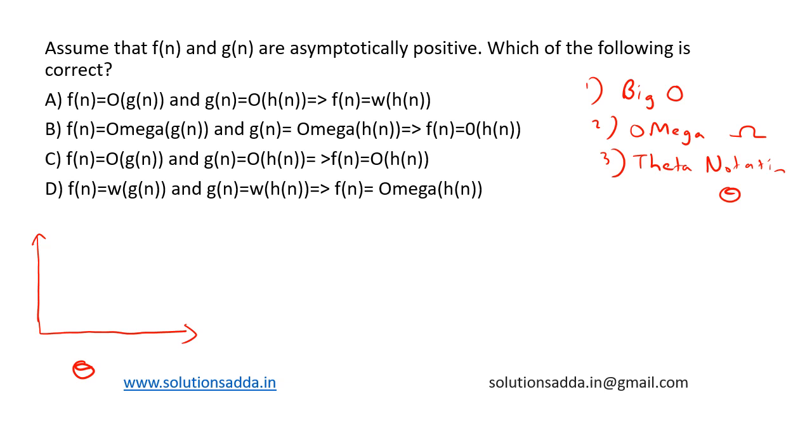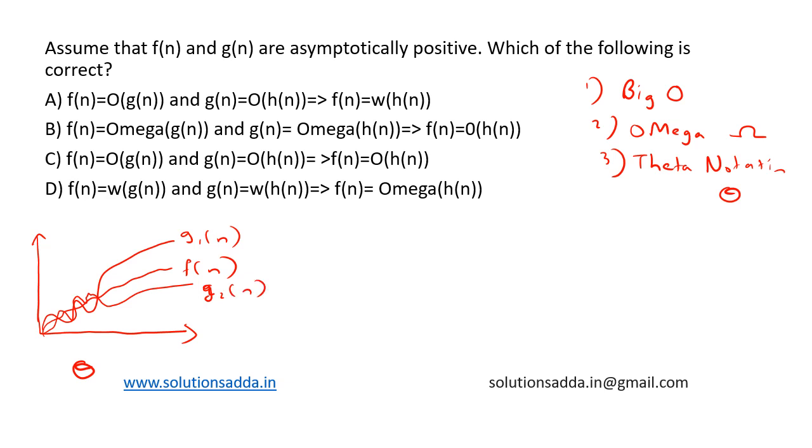Suppose there is a function f of n, then it is bounded by two other functions. One is g of n, or g1 of n we can say, and the other is g2 of n.